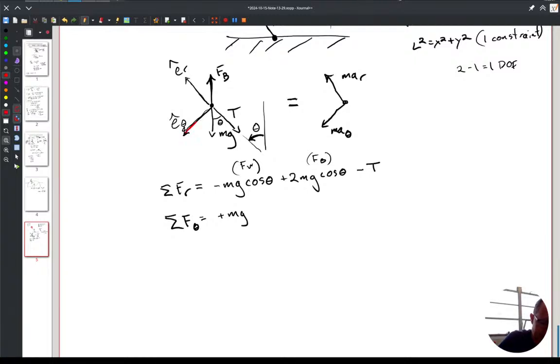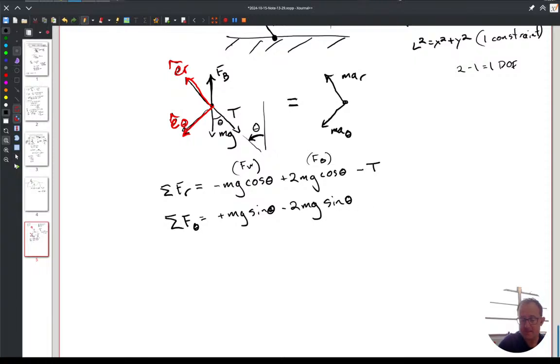Let me put these in different colors so they don't look like forces. Like that. And get back into black. So positive mg sine theta and a minus 2 mg sine theta.